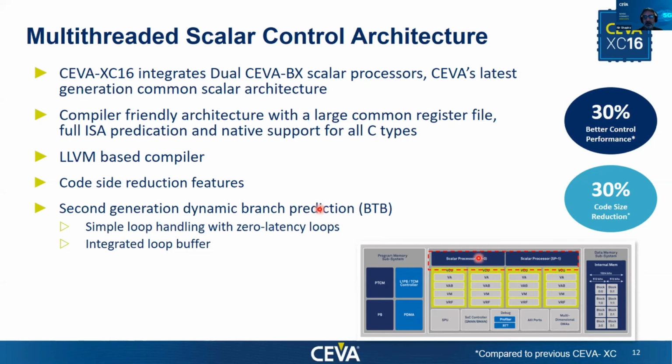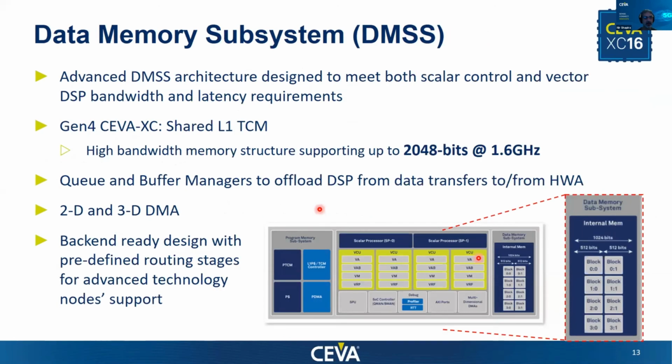layer 1 calculations. Regarding the data memory subsystem, we have a very advanced data memory subsystem architecture. It's designed to meet both the scalar control and the vector DSP bandwidth and latency requirements.